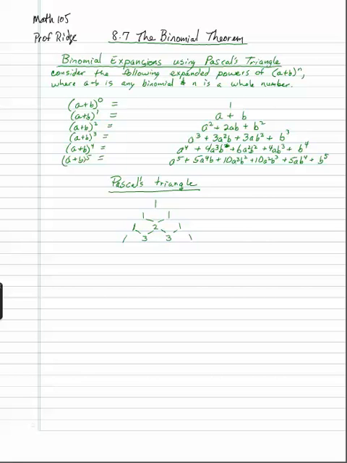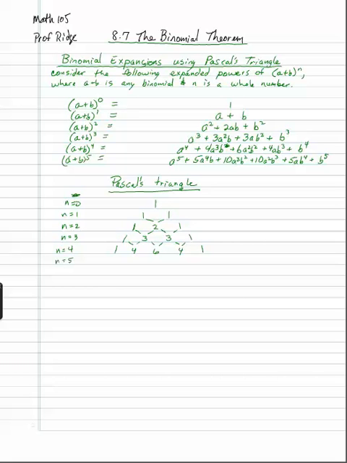So this is n equals 0, n equals 1, n equals 2, n equals 3, n equals 4. If I go to the fourth level, I'm going to get 1, 4, 6, 4, 1.